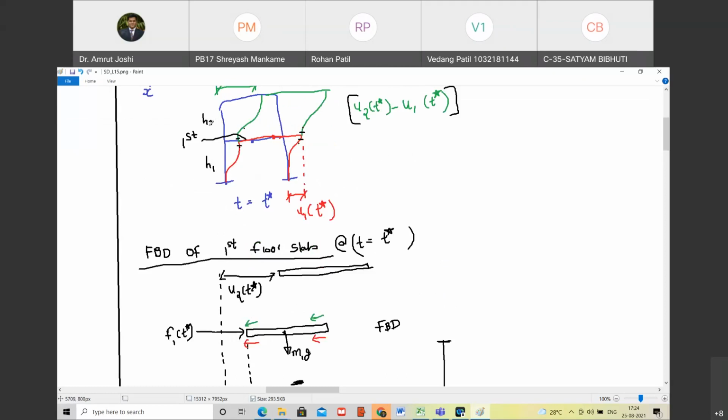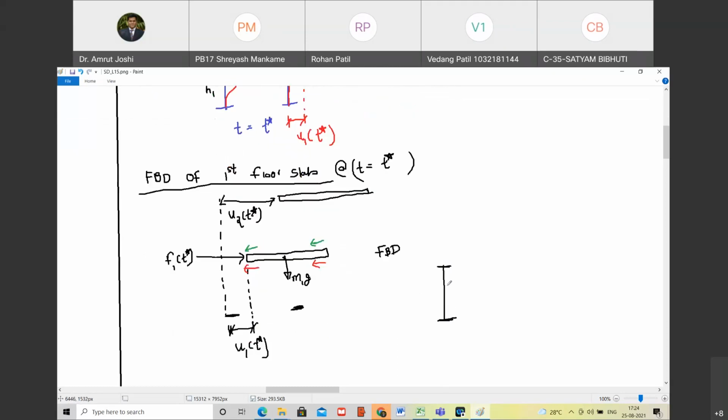Height of the second story, let us call it H2. So this is H1. Do you agree with me? Yes, sir. If you have to move this by amount delta, you have to move it by delta, right? Are you with me? Yes, sir.